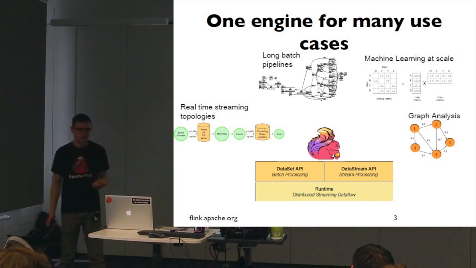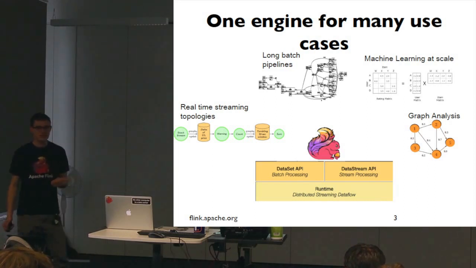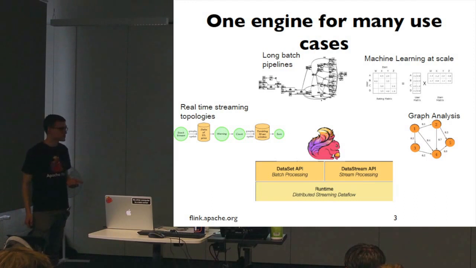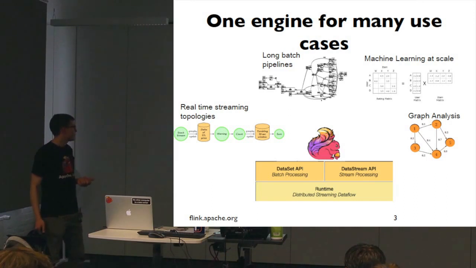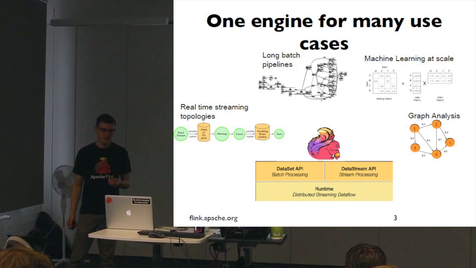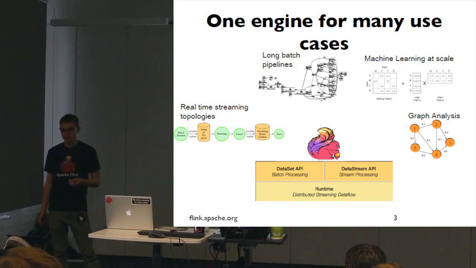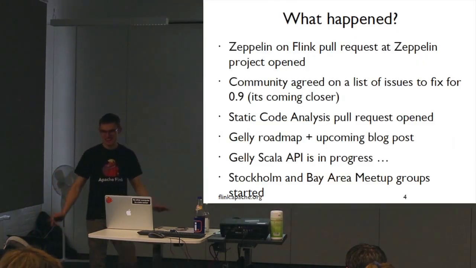It is able to process real-time streaming topologies, but it's also able to process large batch pipelines, which will run for hours processing huge amounts of data. You can also do very computationally intensive use cases like machine learning or graph analysis on top of Flink. So I hope now everybody has a rough idea of what Flink is.